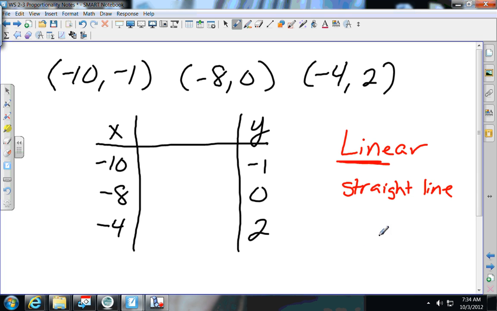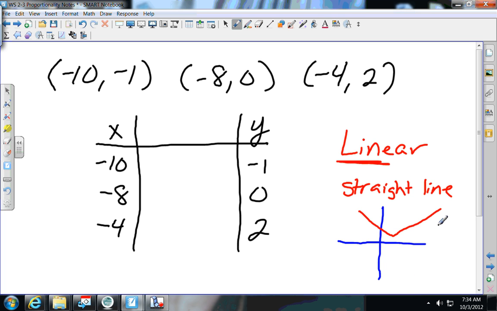So let me go back a sec here. What if I had this? Is the data linear? No, it makes a curve. It's not linear. What about that?